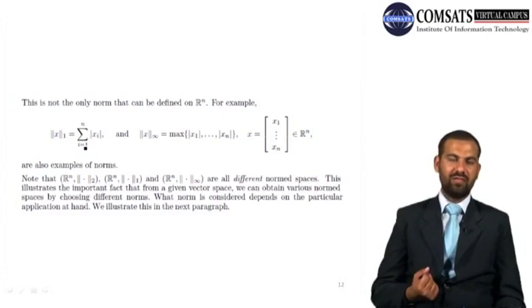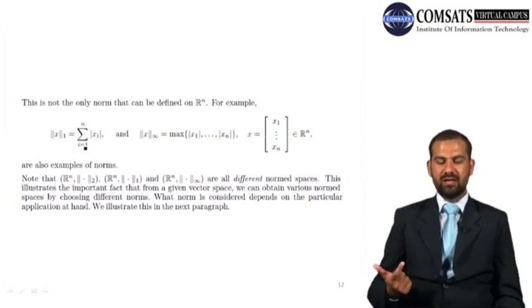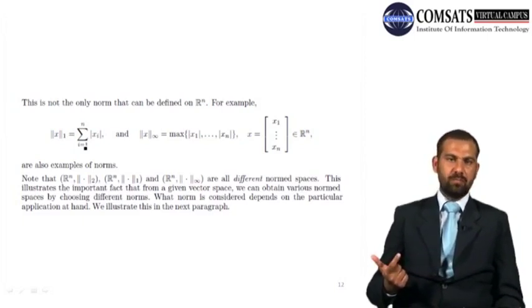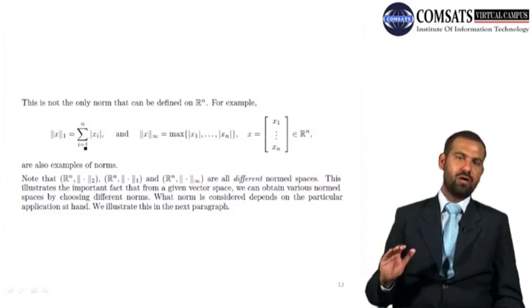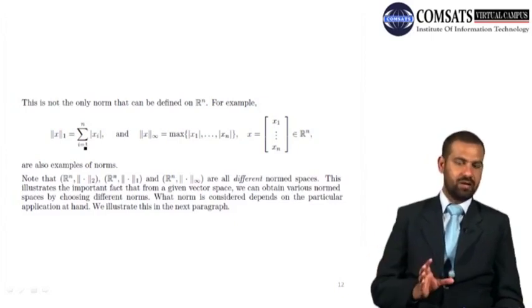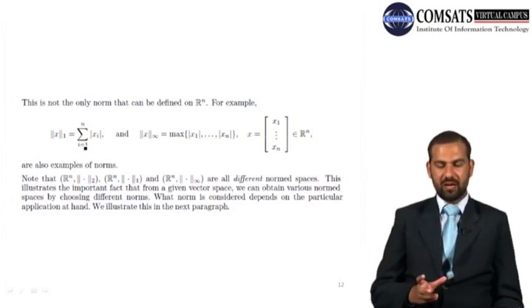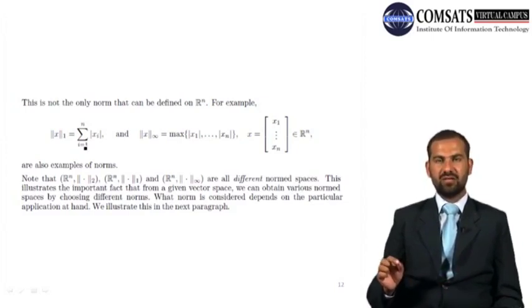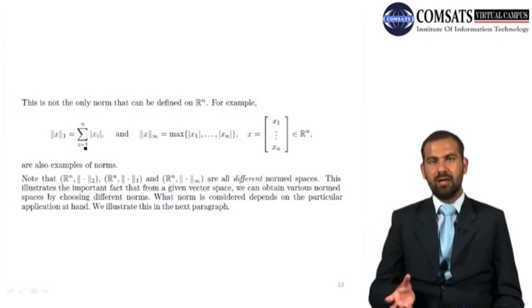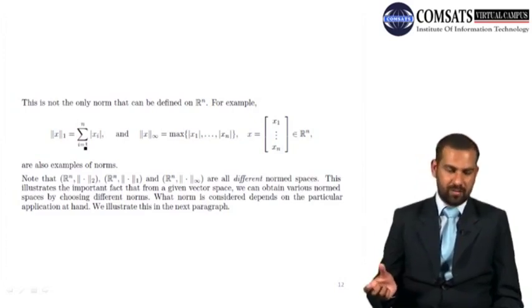And also you can define another norm that is called the norm infinity. It will take the maximum value of the absolute values of all components of that vector. In this way you define the second norm where x is equal to x1, x2 up to xn, an n-tuple element contained in Rn.